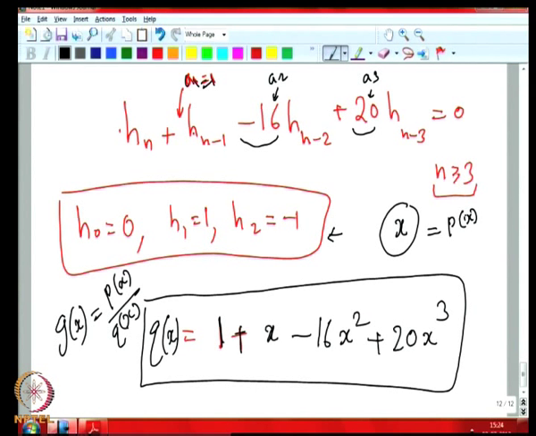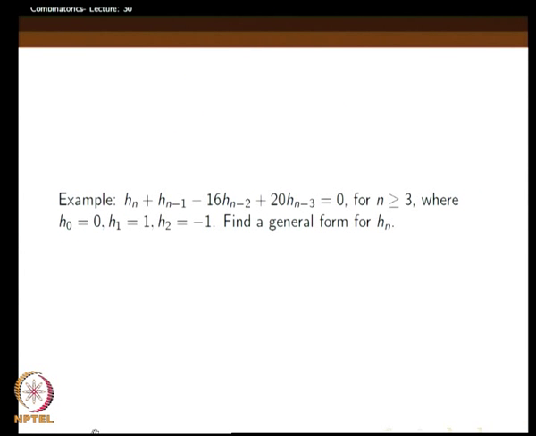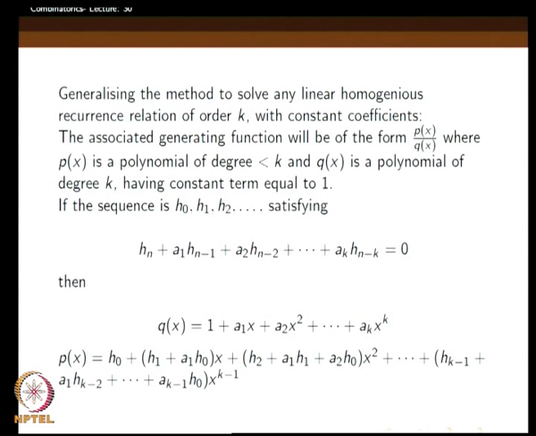If you are confused, what I did is just substitute the values of h0, h1 and h2 in the formula for p of x. Because k was equal to 3, I only have to go up to the x square term.